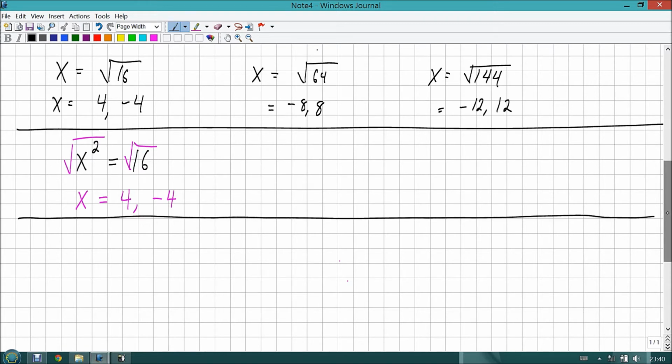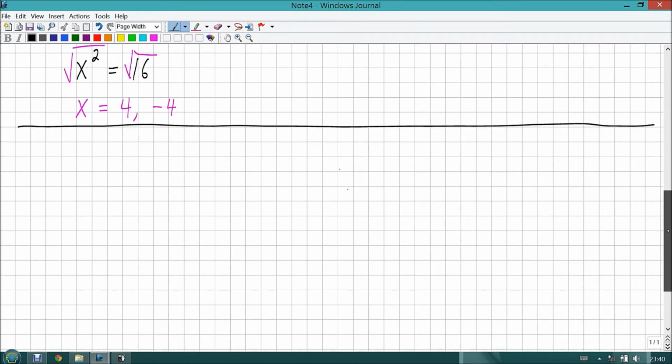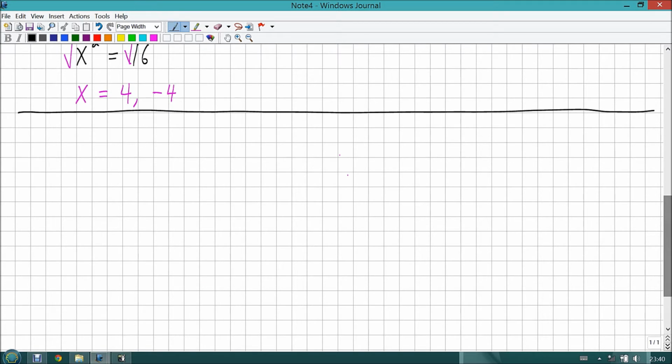So what does that have to do with solving for our stuff? Well, let's say that we're given x plus 2 squared is equal to 9, and we're told to solve for x. When we're solving for these, we would have to do this in the order of operations.